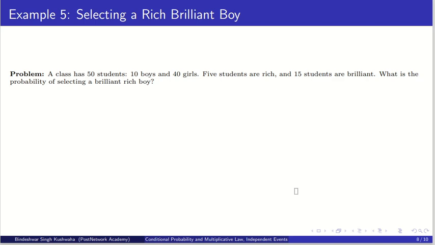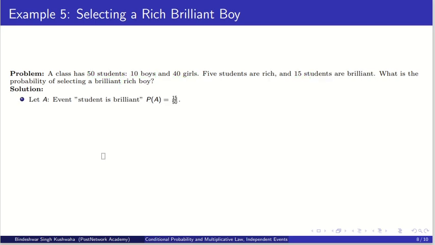Now selecting a rich brilliant boy. In a class there are 50 students, 10 boys and 10 girls. 5 students are rich and 15 are brilliant. What is the probability of selecting a brilliant rich boy? So there is a condition. Let event A be student is brilliant, so that would be 15 upon 50.